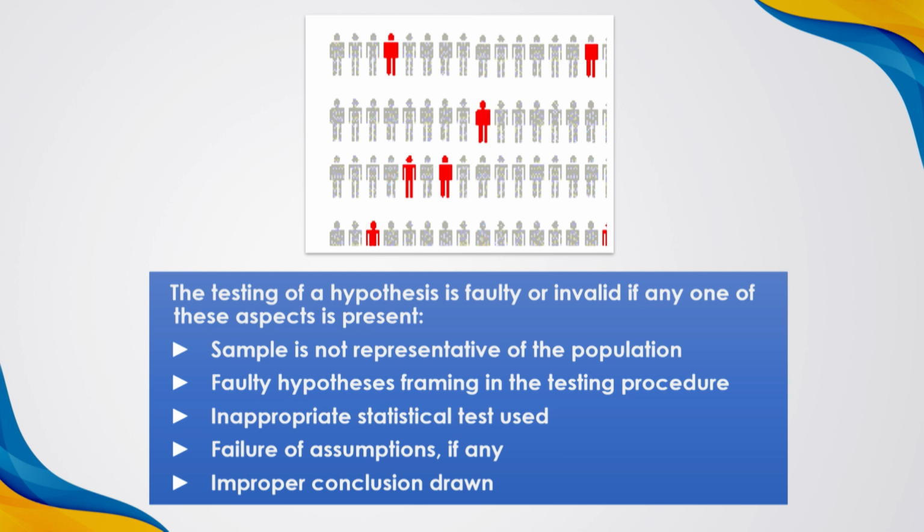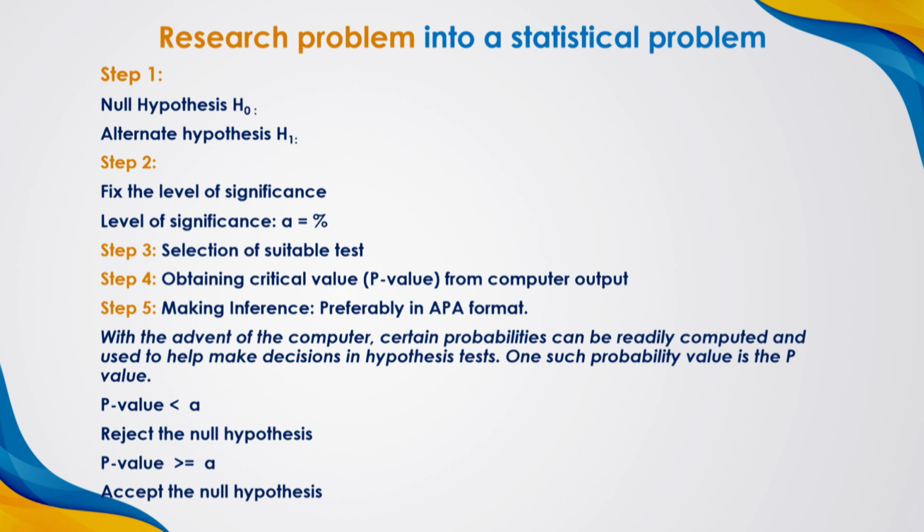The testing of hypothesis is faulty or invalid if any one of these aspects is present: the sample is not representative of the population, faulty hypothesis framing in the testing procedure, inappropriate statistical test used, failure of assumptions if any, improper conclusion drawn.